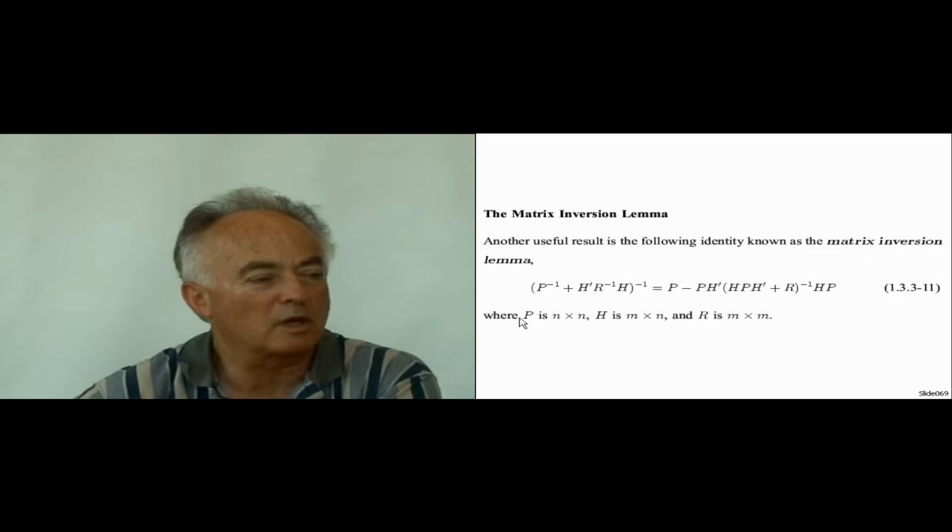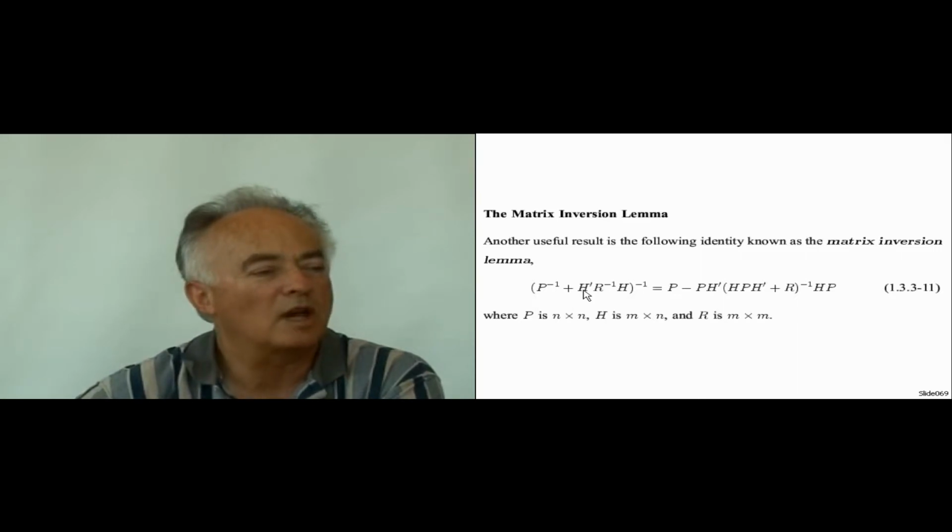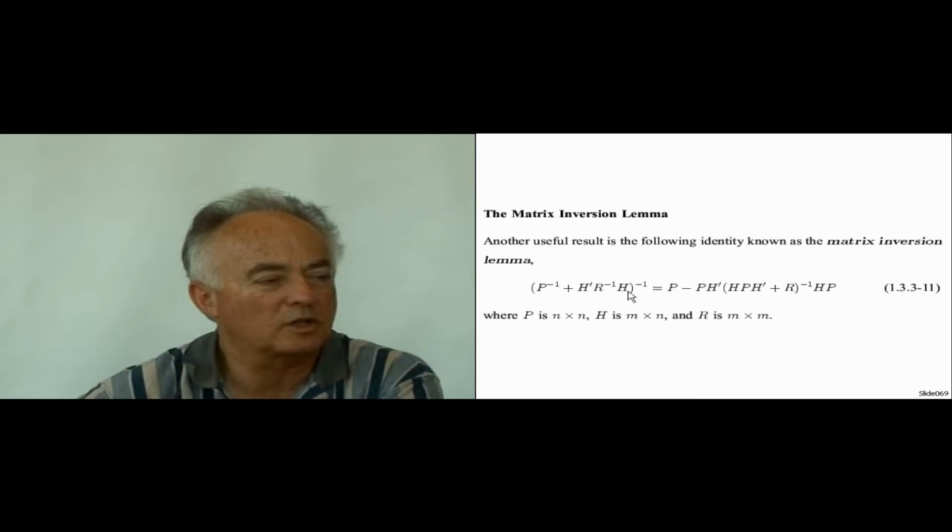The matrix P is n by n, H is m by n, so remember now H transpose is n by m, R is m by m, so obviously this product, once carried out, is an n by n matrix, so it's compatible.